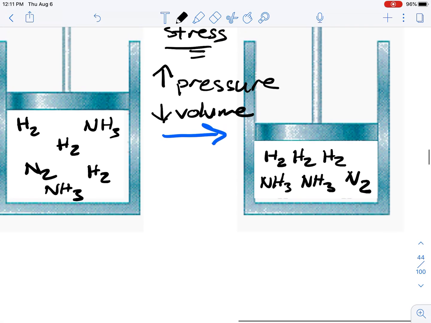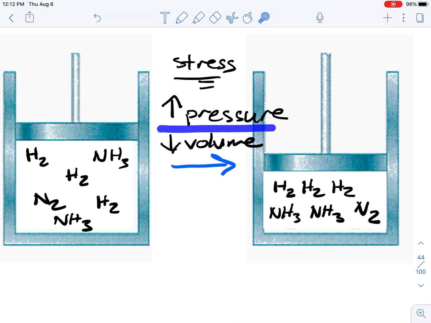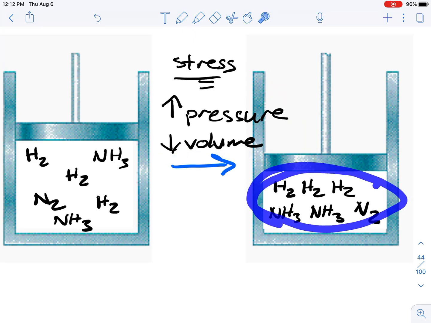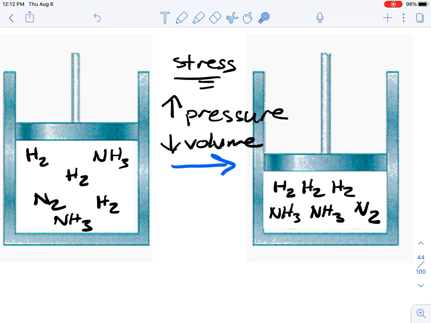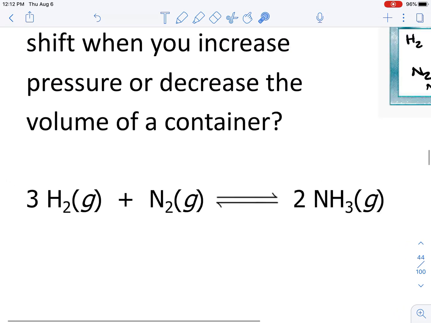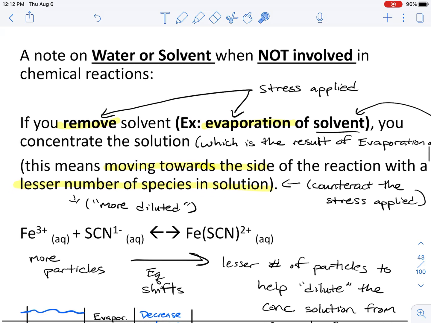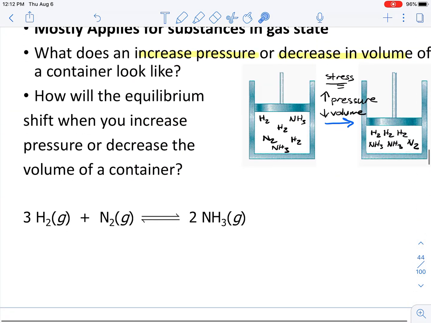Okay. So look at how much volume there is left. So basically these particles are very uncomfortable with an increase in the pressure and a decrease in the volume of the container. And so to alleviate the stress that's being applied on this chemical system, the equilibrium will shift in favor of the side that has a less number of particles. Very similar to what we saw here for the solvent for aqueous solutions.